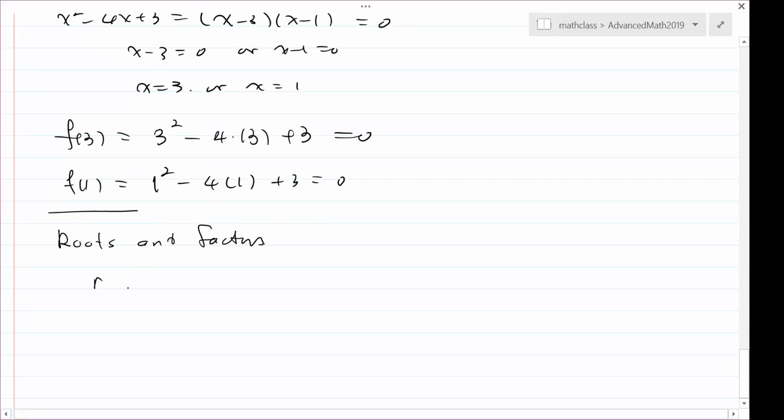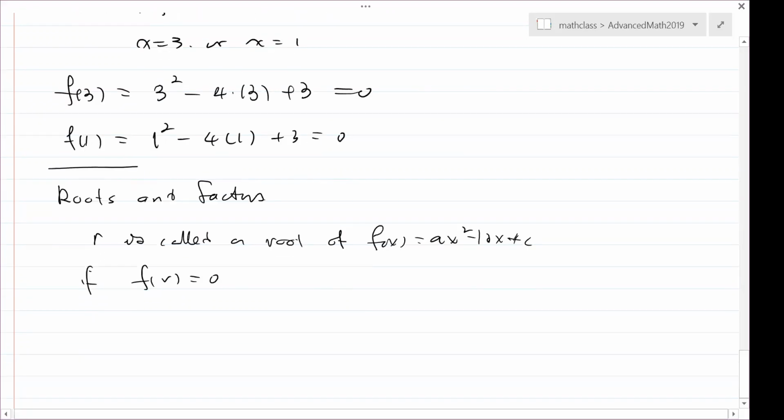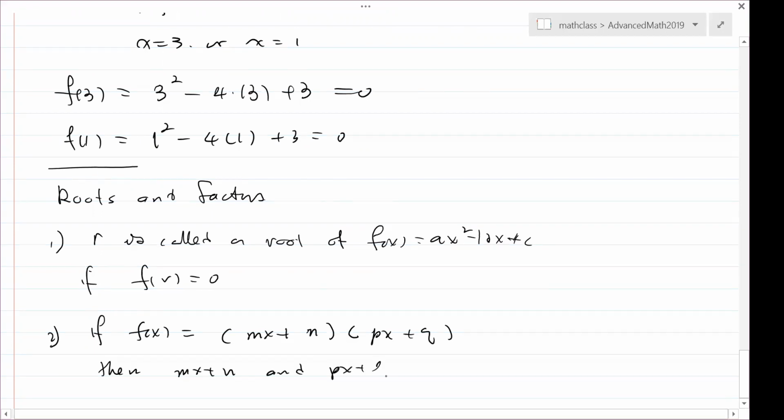A root, okay, I is called a root of this function if f of I is 0. Now, the first point about factors: if f of x can be written in the form (mx plus n)(px plus q), then mx plus n and px plus q are called the factors of f.